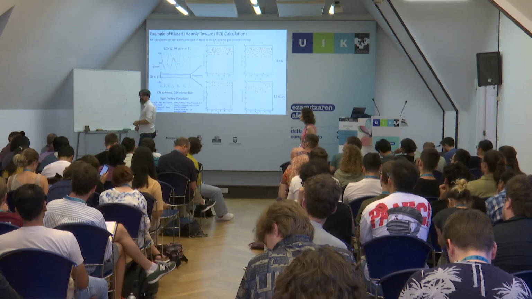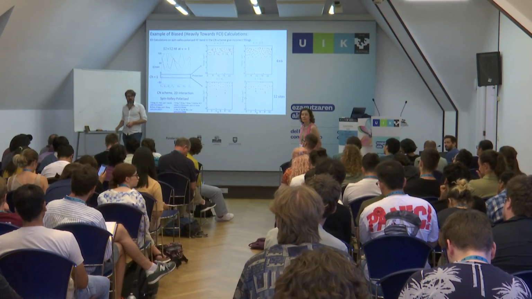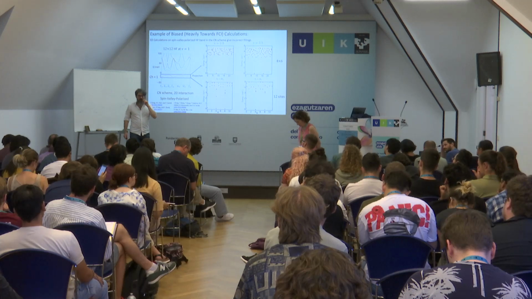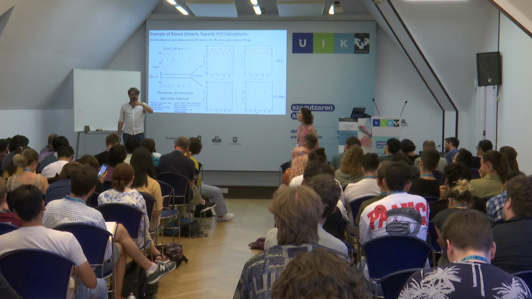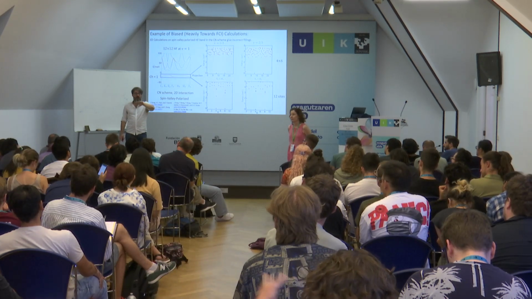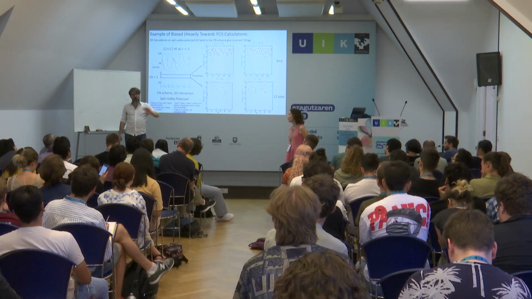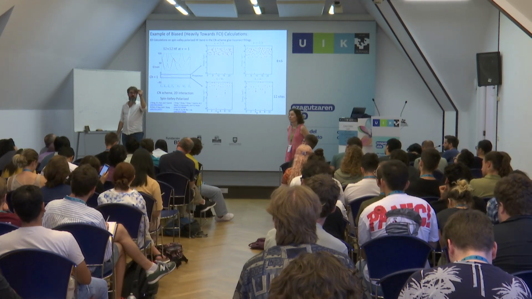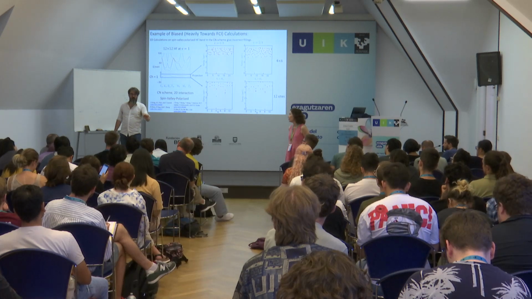It looks like you were adding one more at a time to one of the bands and keeping the other one always empty. Right, but I don't restrict the number of particles in the flat band. I cannot restrict the number. So it's not like I allow one particle in the upper band and n-1 particles in the lower band.